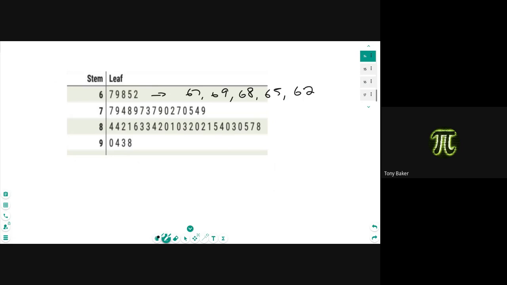It's also a nice way to organize your data as you're writing it down. So if you think back to that first problem when I wanted you to sit there and count all 50 of those, if you had originally put it into a stem and leaf plot, you now have organized your data. It makes it easier for you to do those counts. What's the class within this?